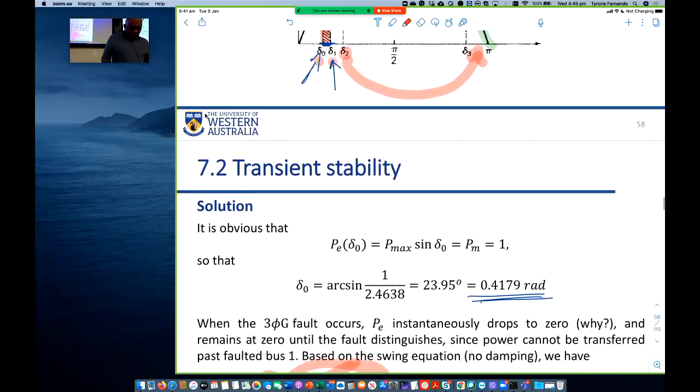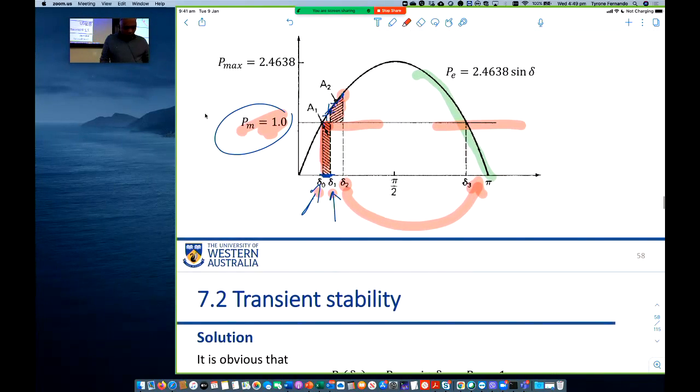So if we wait long enough to clear the fault, what's going to happen? This delta naught is going to move to the right, isn't it? So there is a clearing time. If you don't clear it before that clearing time, it will become unstable because A1 equal to A2 will then go past delta 3.